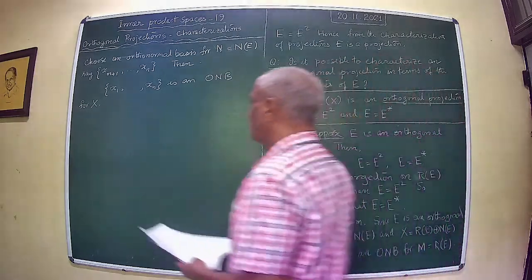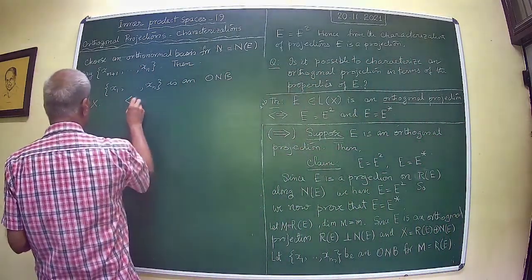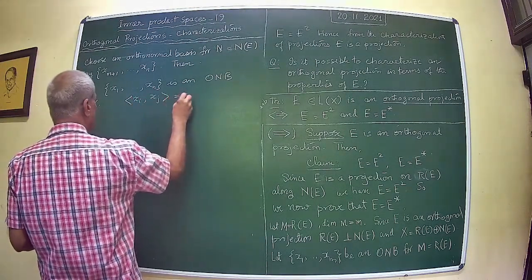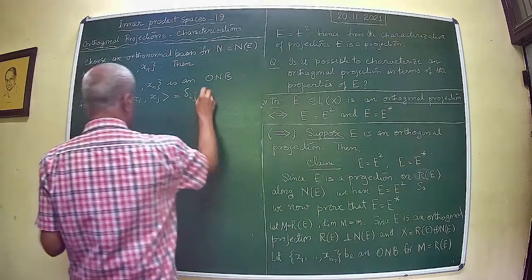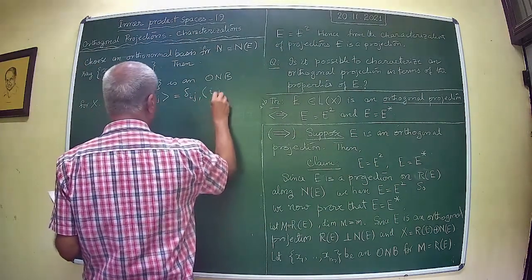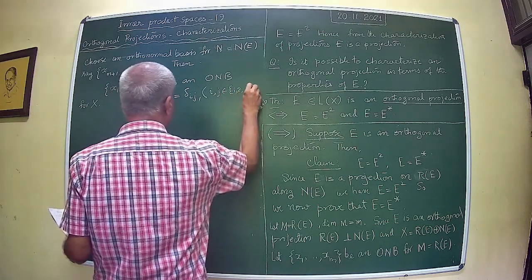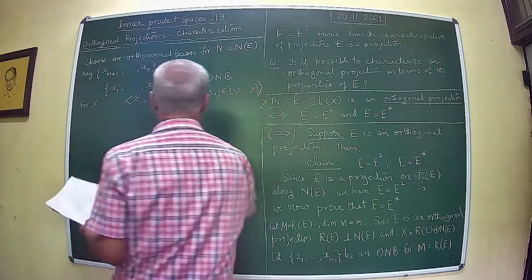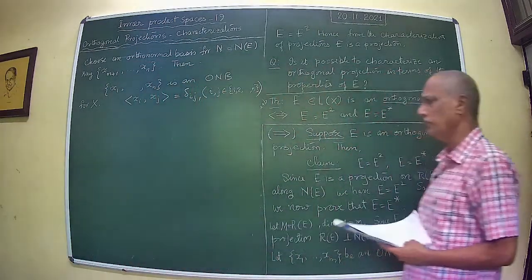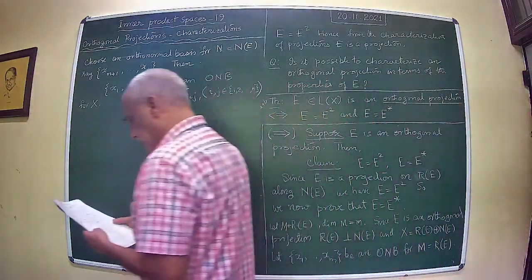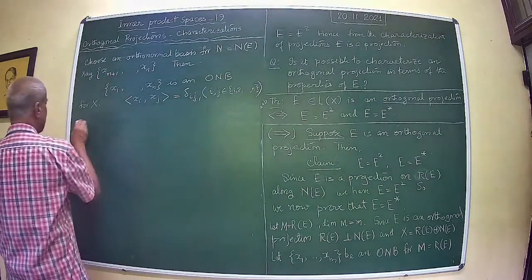So what do you have? The consequence is that the inner product of xi with xj is delta ij. This property we have, so we are going to make use of that. Now you see, what is E star?